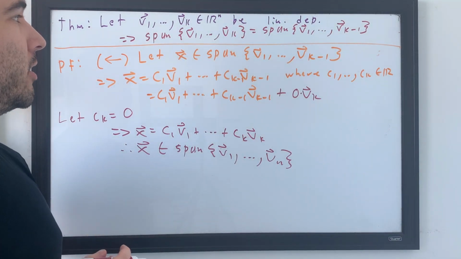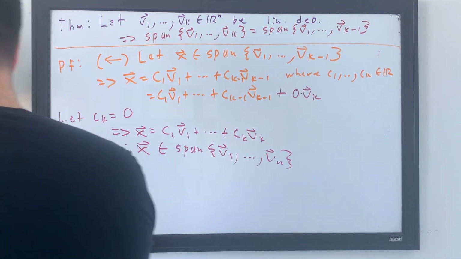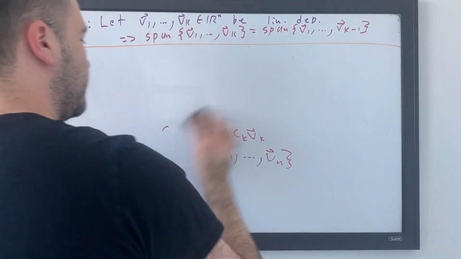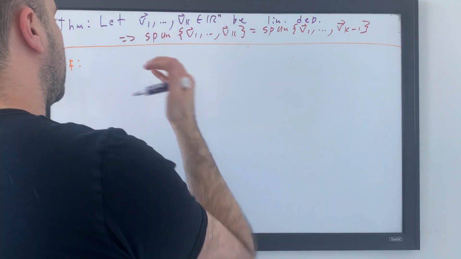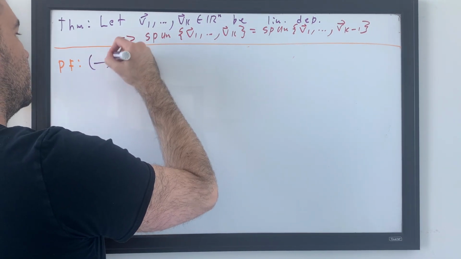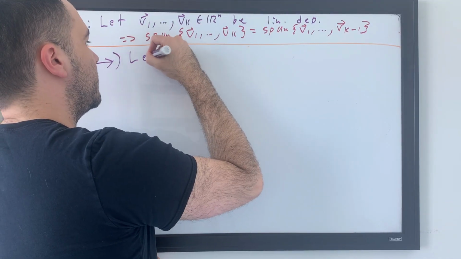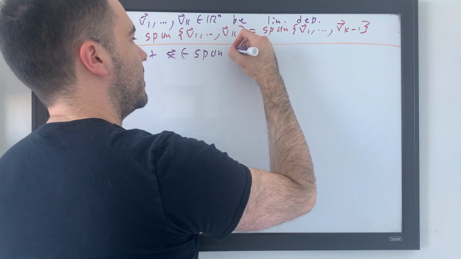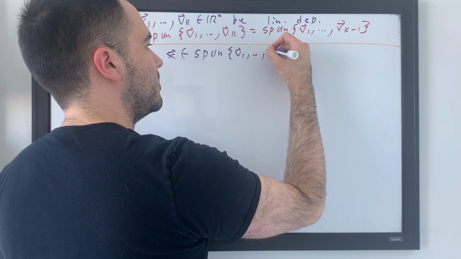Now, the little bit trickier side is we need to show the left way. So, same thing we did when we did the backwards method. We're going to let x be within the span of v1 to vk.